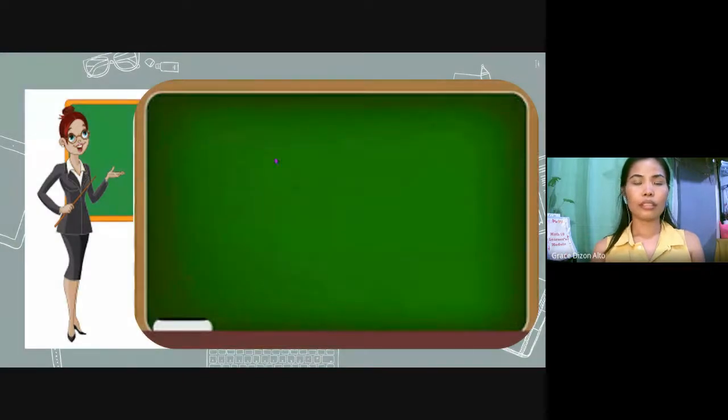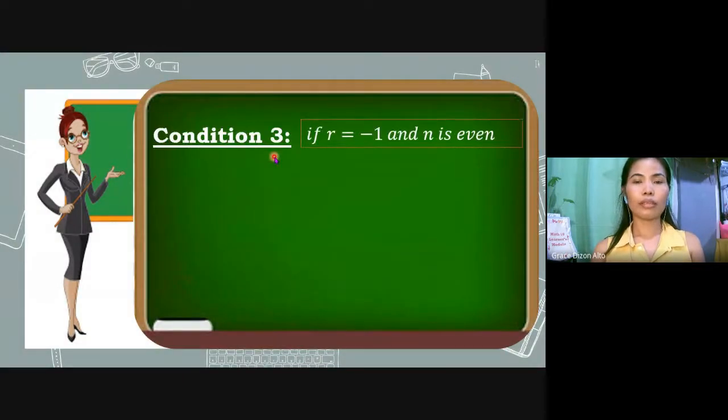Next, condition number 3, if r is negative 1 and n is even. Here n is the number of terms, and even means divisible by 2. It starts with 2, 4, 6, 8, and so on. Make sure that our common ratio is negative 1. That means the terms alternate positive and negative, or negative and positive, and so on. The main goal here is that n is even.